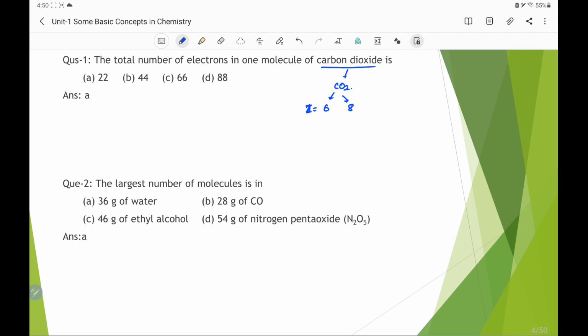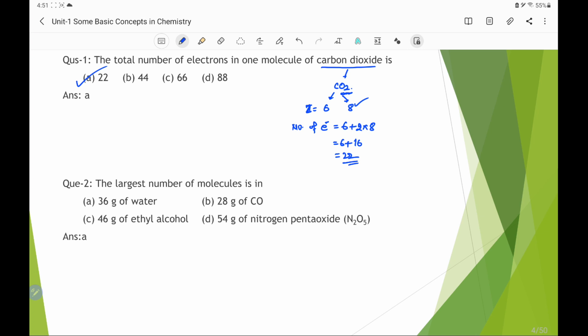That's why the number of electrons in CO2 will be equal to the number of electrons in the carbon atom, that is 6, plus there are 2 atoms of oxygen, so 2 multiplied by 8 electrons in oxygen. So it is 6 plus 16, that is equal to 22. So 22 is the correct option.